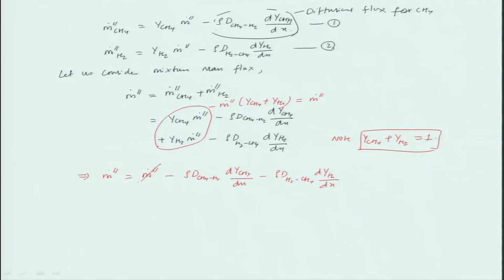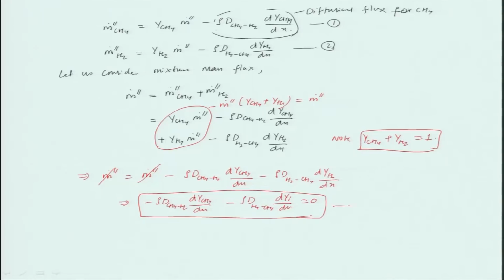So, this will cancel out, yes or no? That means this total diffusional term, the mass diffusional term, is 0. That means I can write rho D_CH4-H2 dY_CH4/dx minus rho D_H2-CH4 dY_H2/dx is equal to 0, and this is for the binary mixtures.